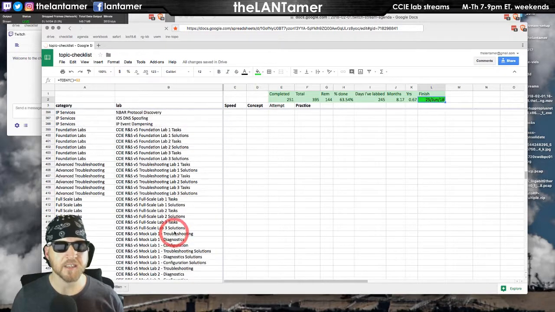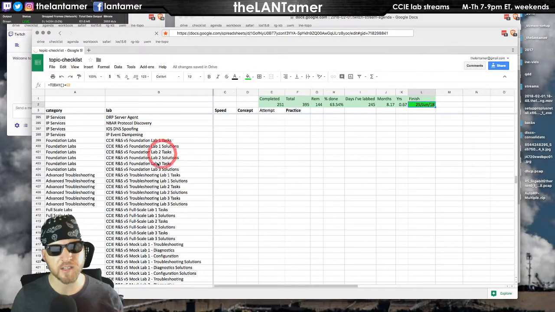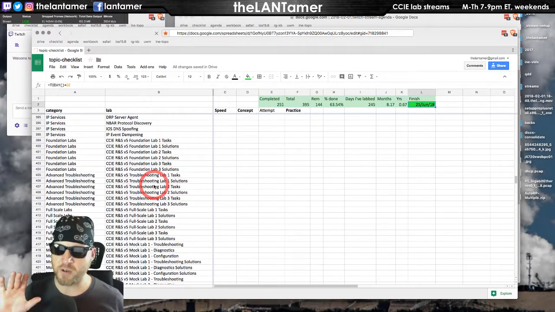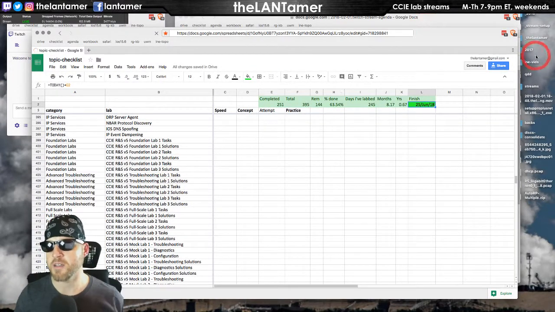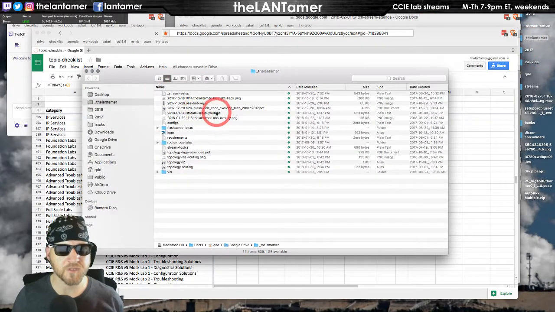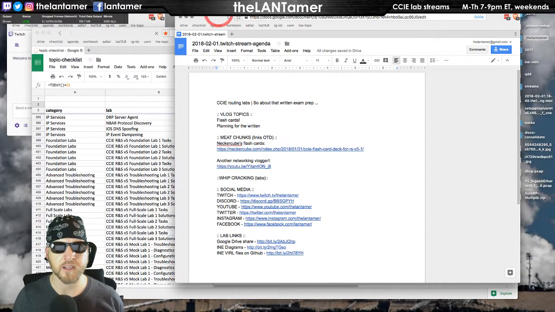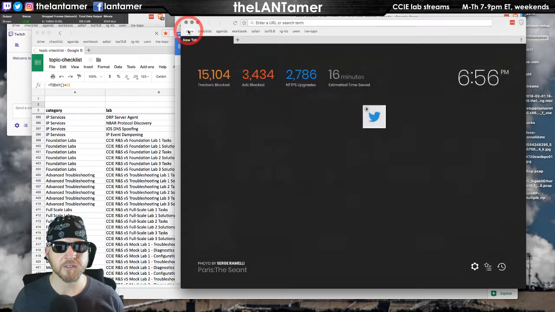So that also does not account for other technologies which are not covered in the INE workbook that are a part of the written. So yeah, I need to make a list of those. What I need to do is look at the blueprint, which is out here on the drive, guys.